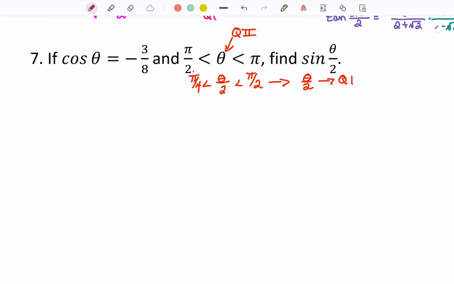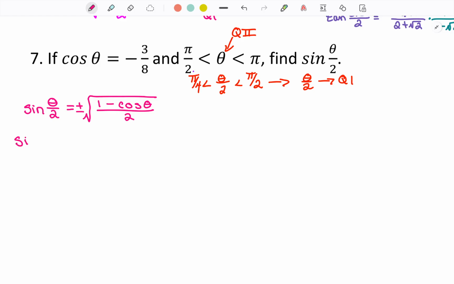Now we're looking for the sine of theta over 2. So we are going to use that identity: the sine of theta over 2 equals plus or minus the square root of 1 minus cosine theta over 2.